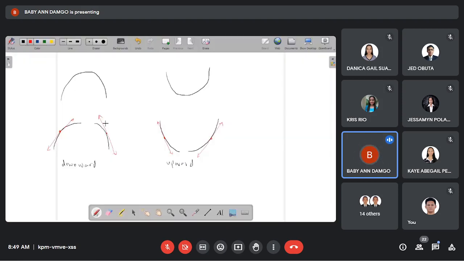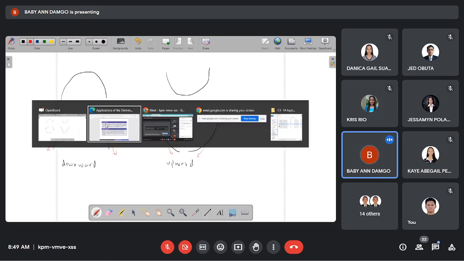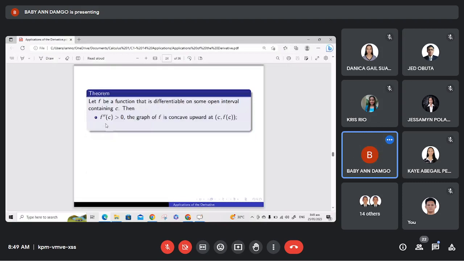Through calculus, through derivatives, we can determine if the graph of the function is concave upward or downward. What we will use in this class is the second derivative test. If the second derivative is greater than 0, f is concave upward.